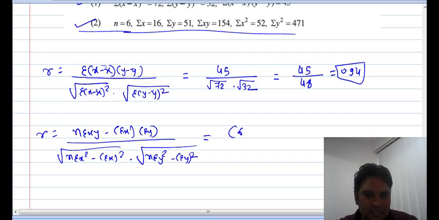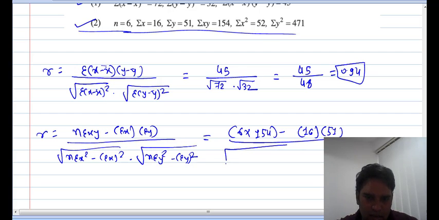Now n is 6, sigma xy is 154, sigma x 16, sigma y 15, 151. Now n into sigma x square is given as 52, and this is 16 whole square, into n sigma y square 471 and 51 whole square.